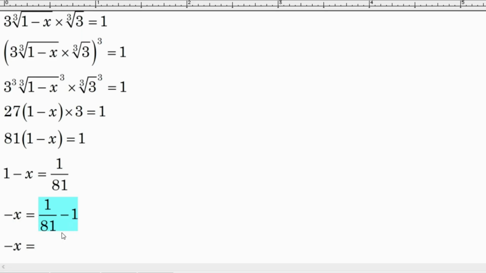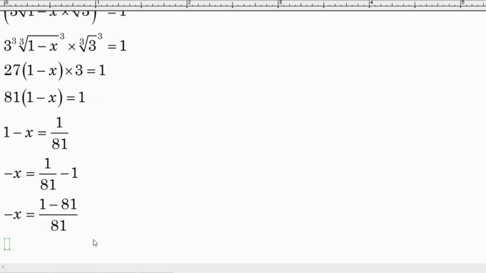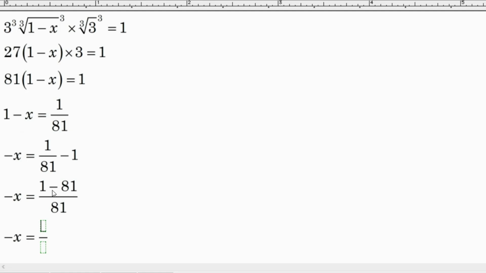So we will get 1 minus 81, and then divide by 81. Alright, so then minus x equal to 1 minus 81, which is equal to minus 80 divided by 81.